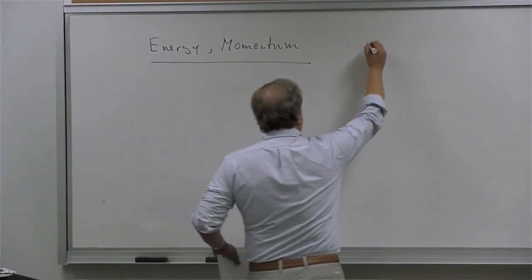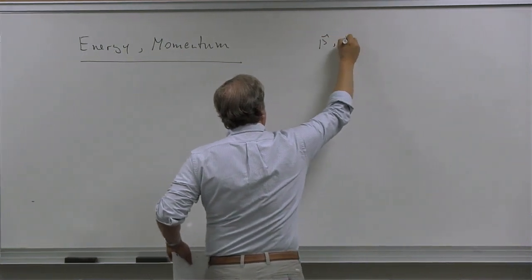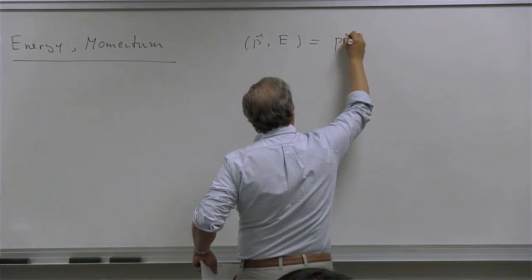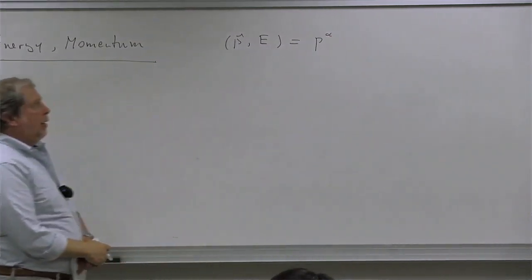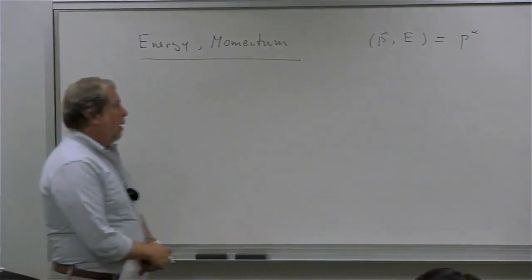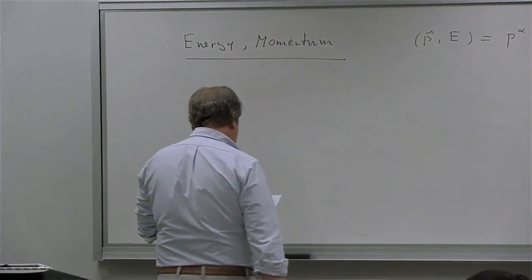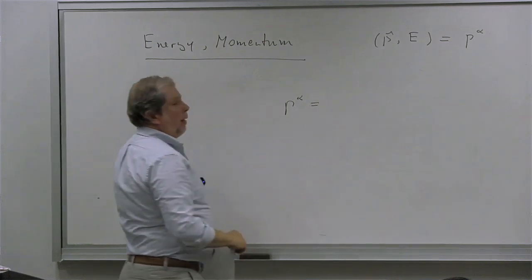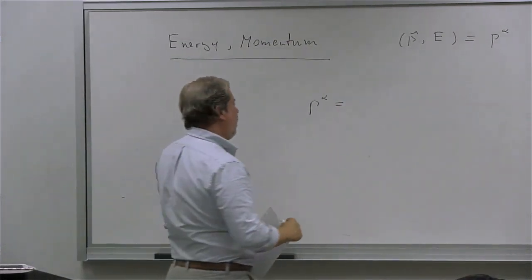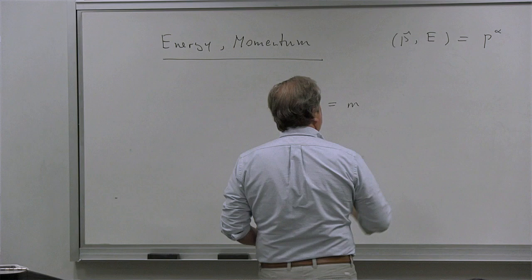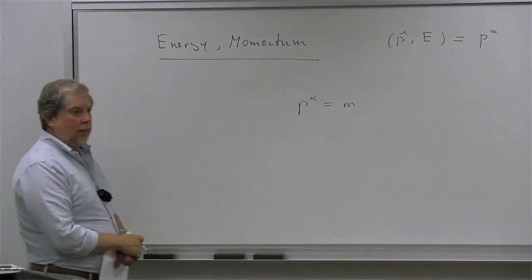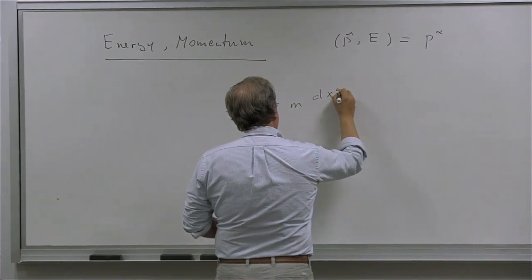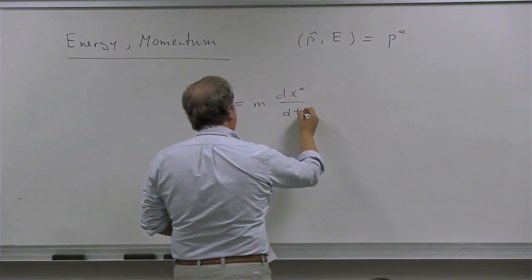And so we have the P and we have the E, right? And so the temptation is to promote that to a 4-vector in this way, right? And then we think that we want to define the 4-vector P alpha in terms of derivatives of the coordinates, because the momentum is m times v. So that would indicate that we would write this as dx alpha by dt.